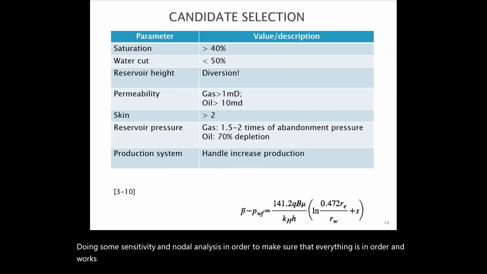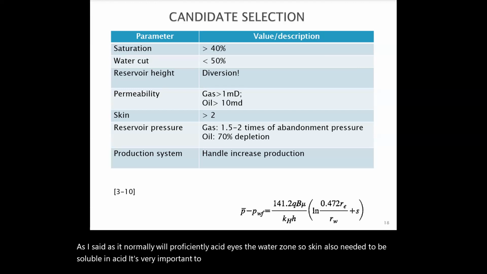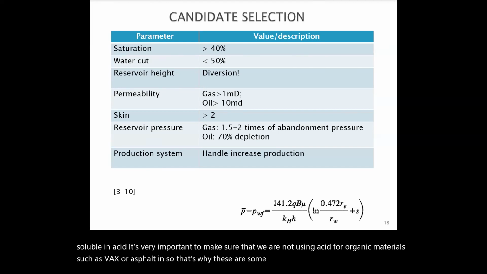We can know the oil-water segregation through PLT and the reservoir saturation tool, and as I said, acid normally will preferentially acidize the water zone. The damage also needs to be soluble in acid. It's very important to make sure that we are not using acid for organic materials such as wax or asphaltene. So these are some general criteria that we normally use for matrix acidizing.